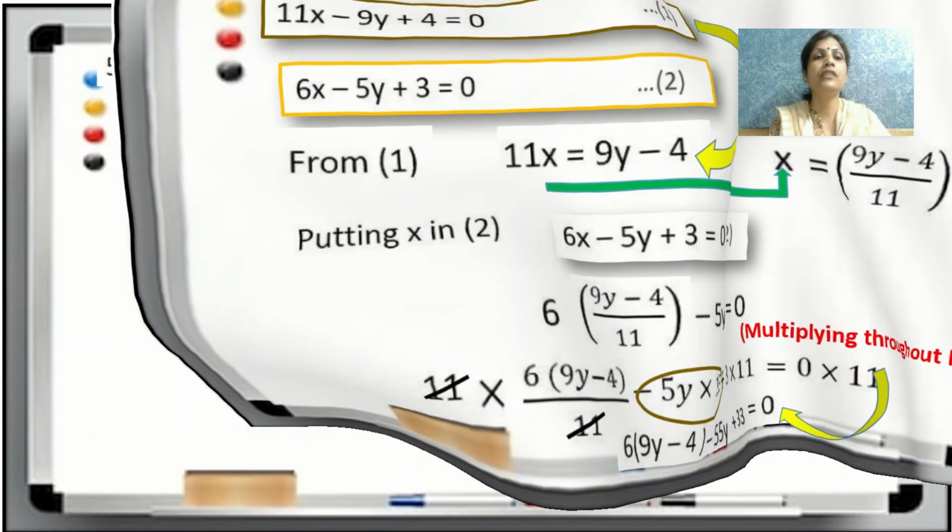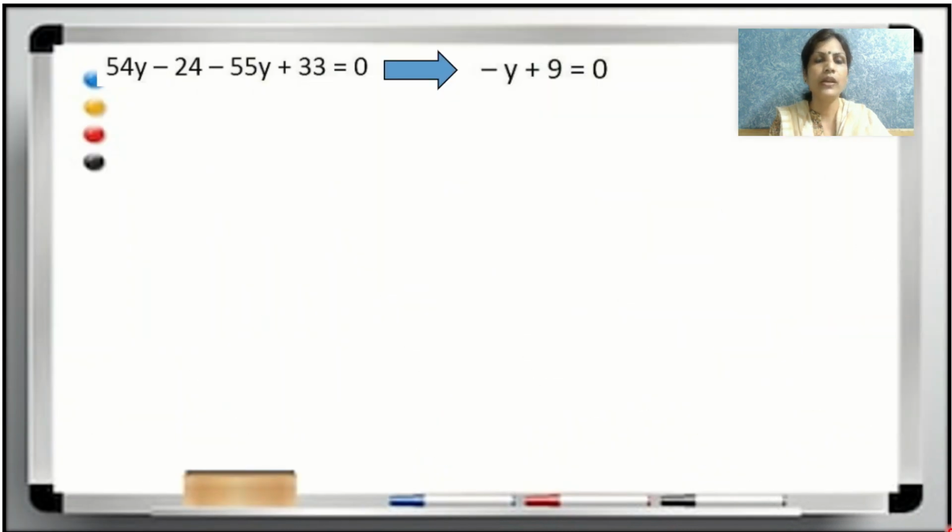So you get 54y - 24 - 55y + 33 = 0. If you solve it, we get -y + 9 = 0. So -y = -9. This minus you can cancel from both sides. So we get the value of y as 9.